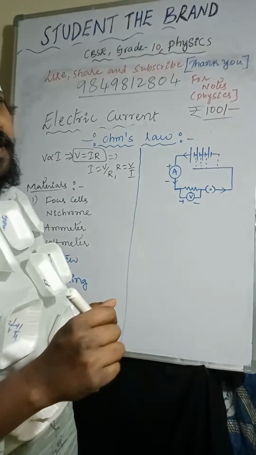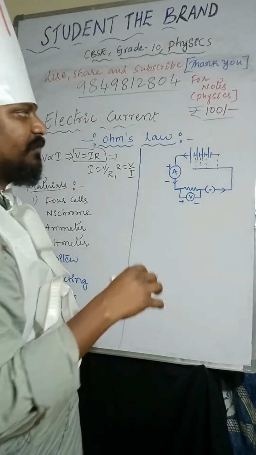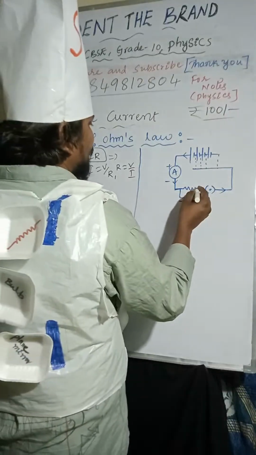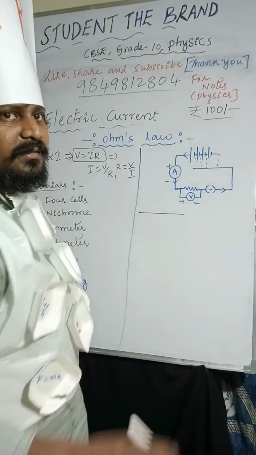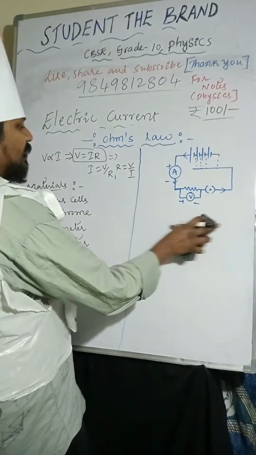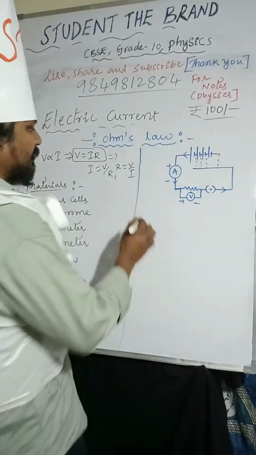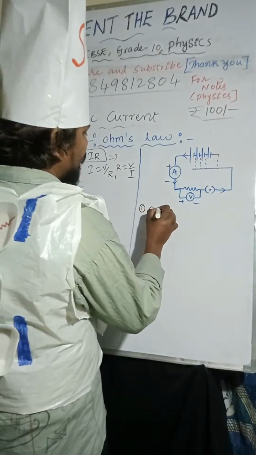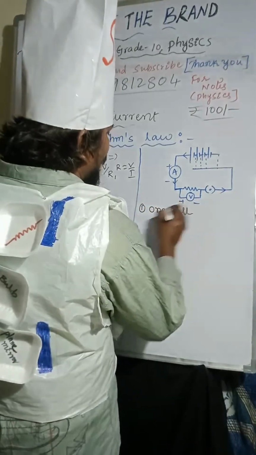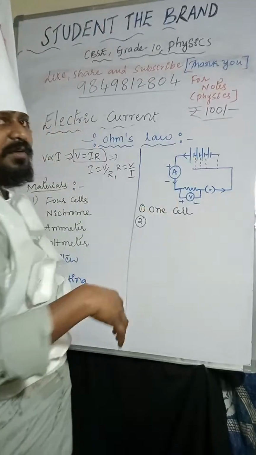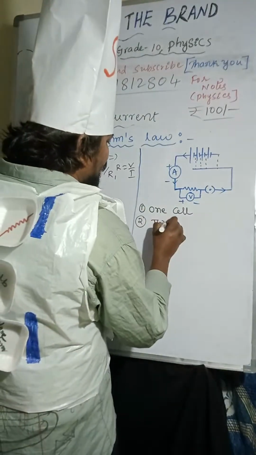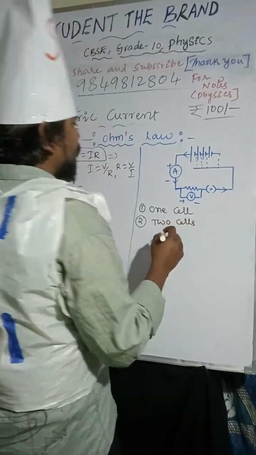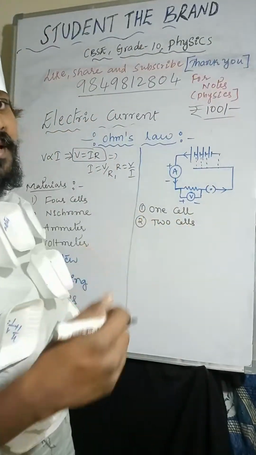Now first you have to connect one cell and note down the reading of the ammeter and voltmeter. This is the nichrome wire. Then connect two cells, and note down the reading of the ammeter and voltmeter.